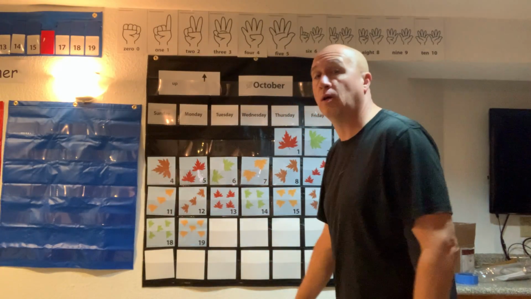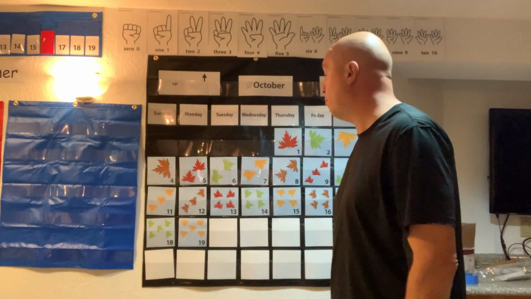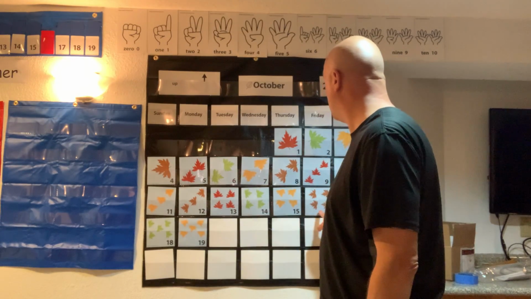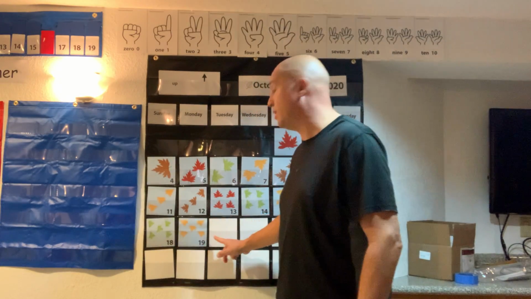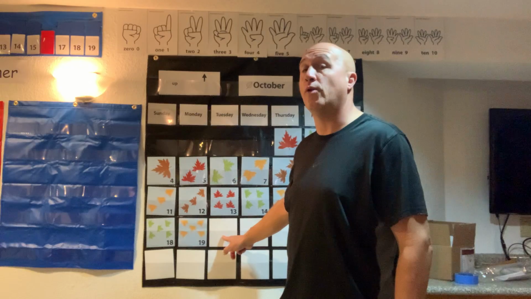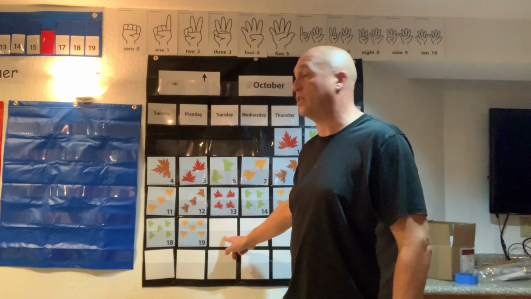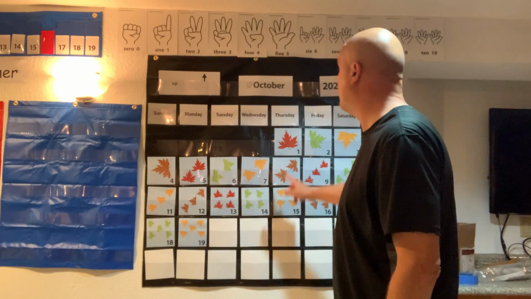So today, as we look at our number for today, let's see if we can figure out what number it will be, because it's going to change today. So we had 15, 16, 17, 18, 19. Do you know what number that's going to be? Think about it. We're going to check it in just a second. We had yellow yesterday, so let's look at our pattern.